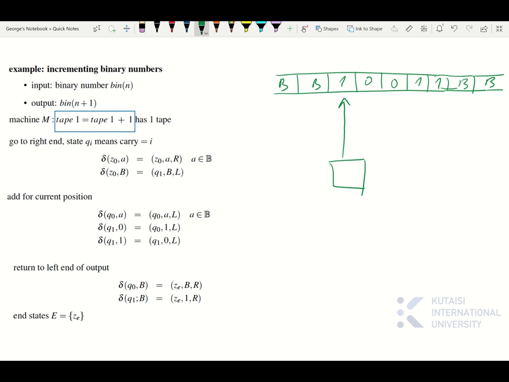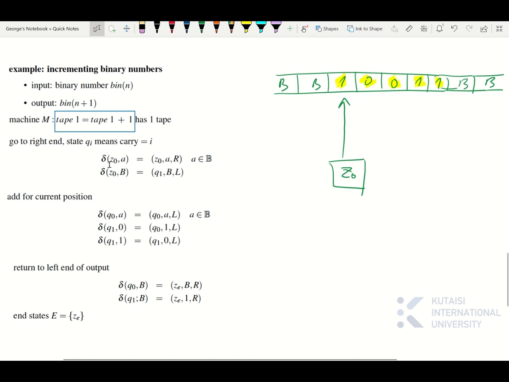We have not yet demonstrated how configurations work, but this example is a good one to get started. It starts with the initial state Z0. By convention, this is my input, the non-blank portion of my tape, and by convention it's written on tape 1. There's only one tape, no problem. And my head starts here, at the input.